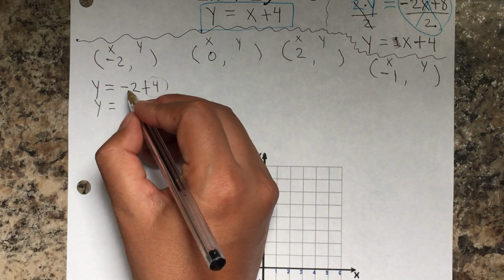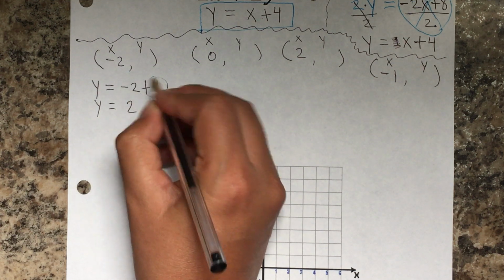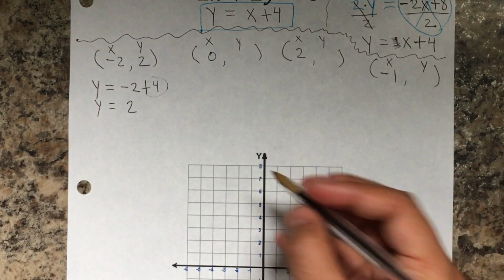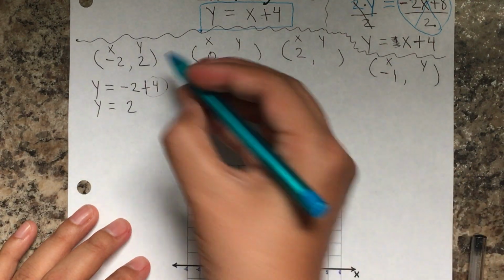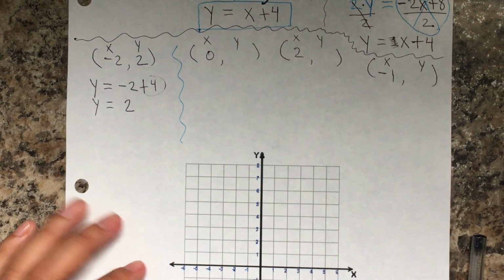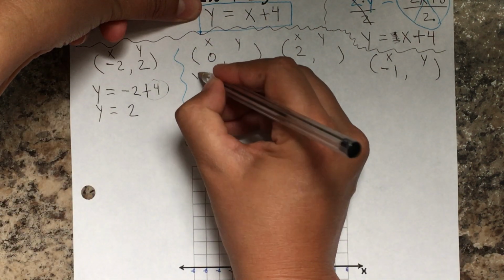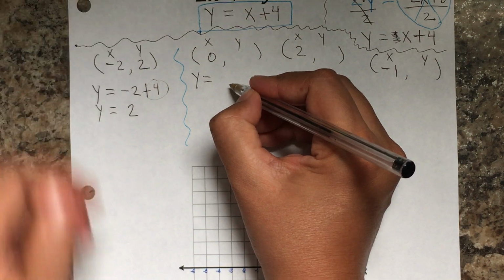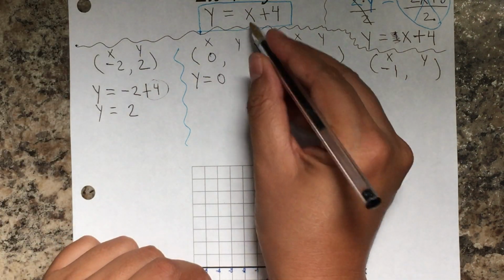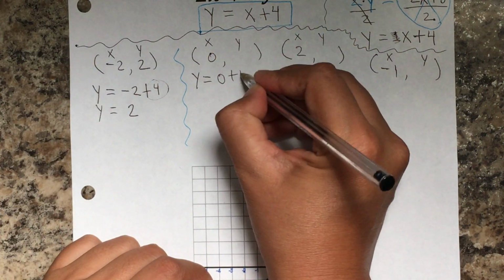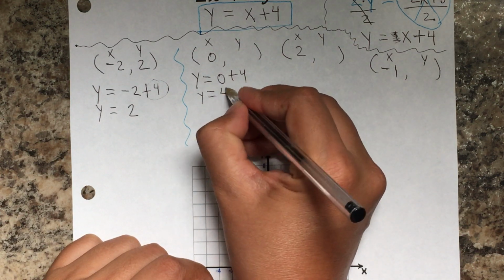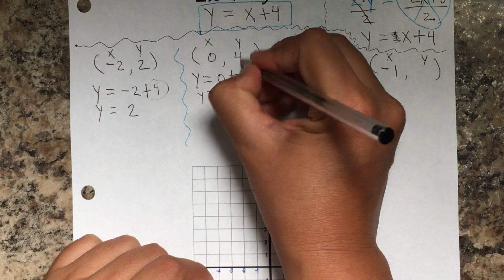So 4 minus 2, 2. And the bigger one is positive, so it's going to be positive. The next one, again, use my new equation. So y equals, instead of x is 0, right? That's its value, plus 4. And 0 plus 4 equals 4, so y is 4.